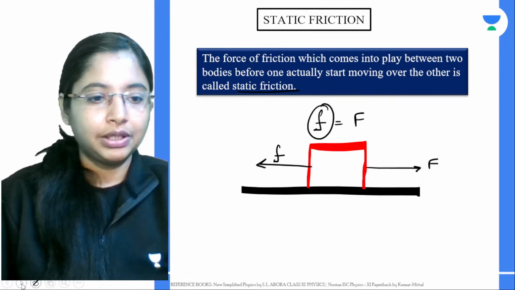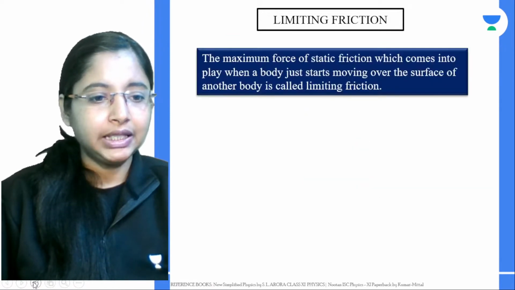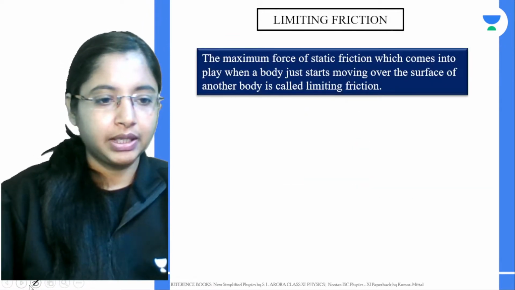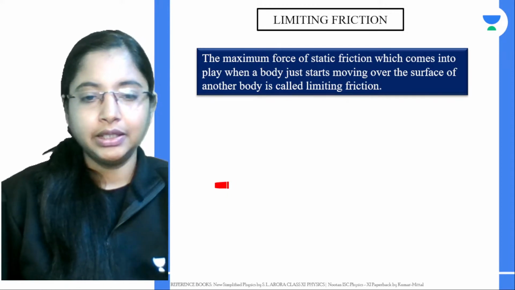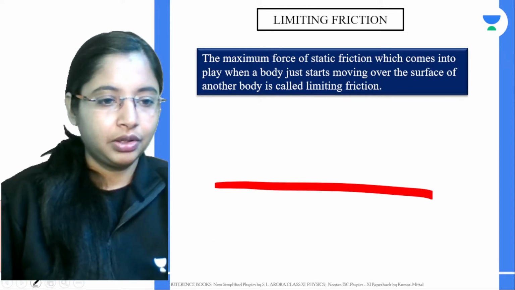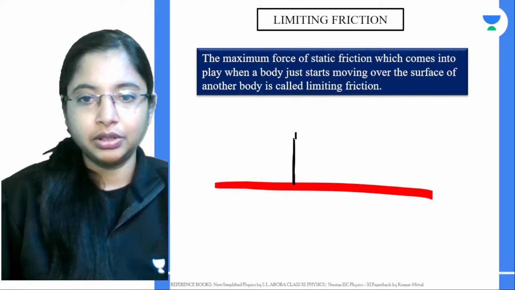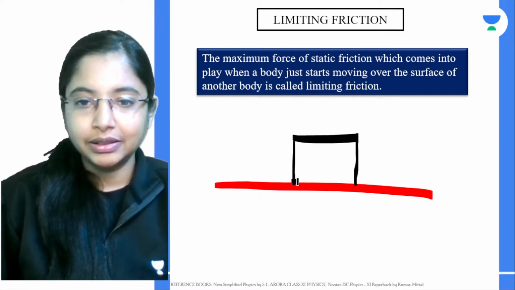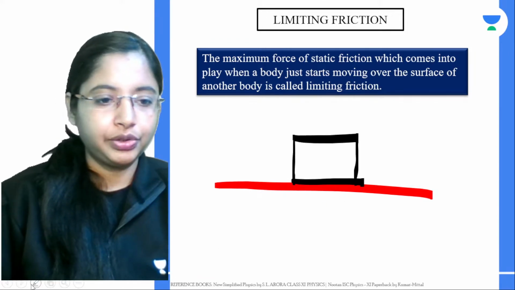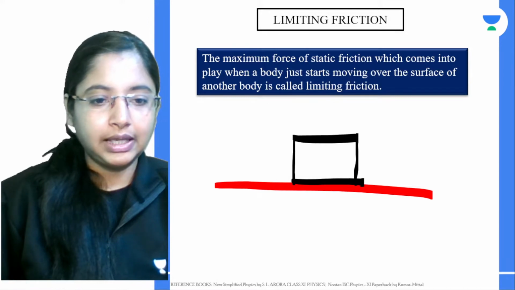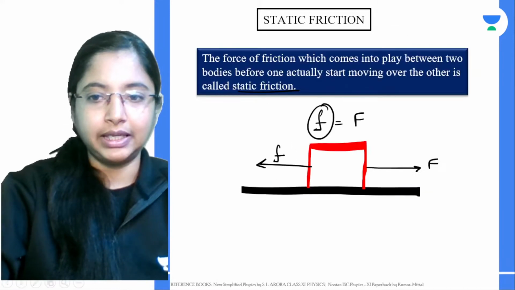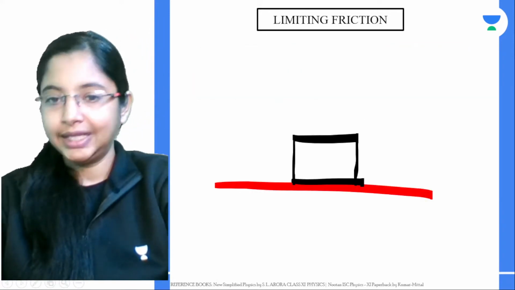Now what you do, you increase the force. Same way, you still have the table. On the table you have your book, or any object, right? Very simple. You're going to apply more force than what you applied in the last case. This time you're going to increase the force.